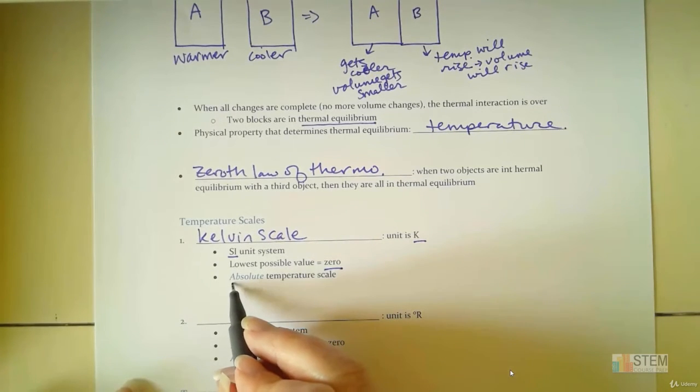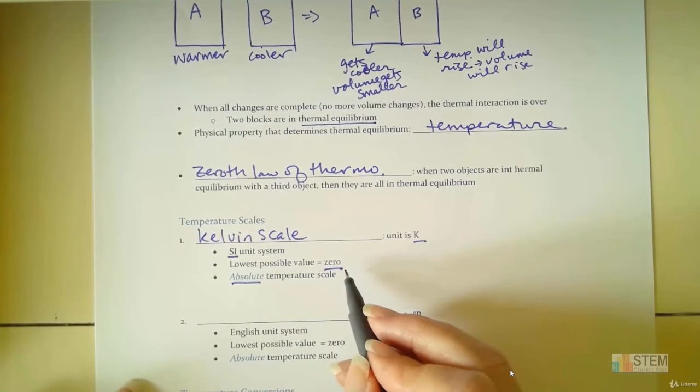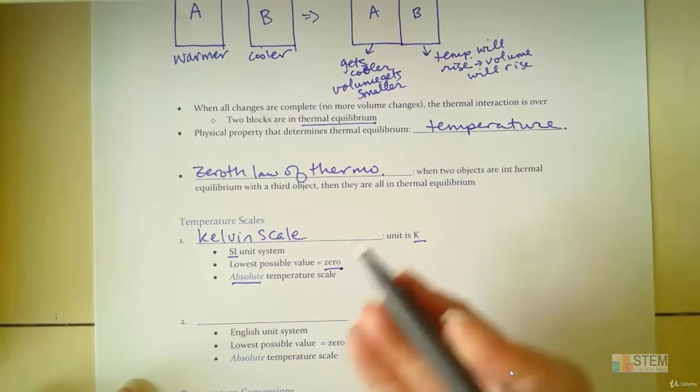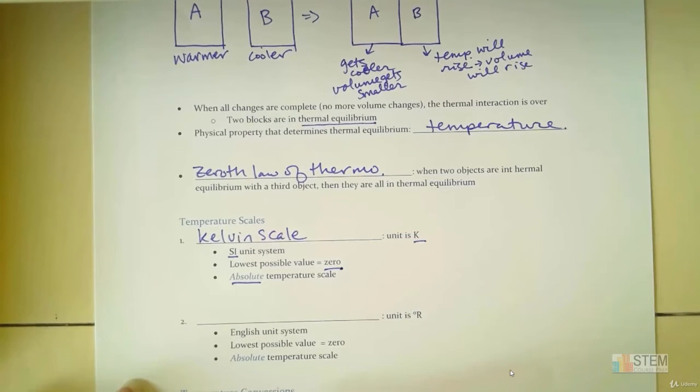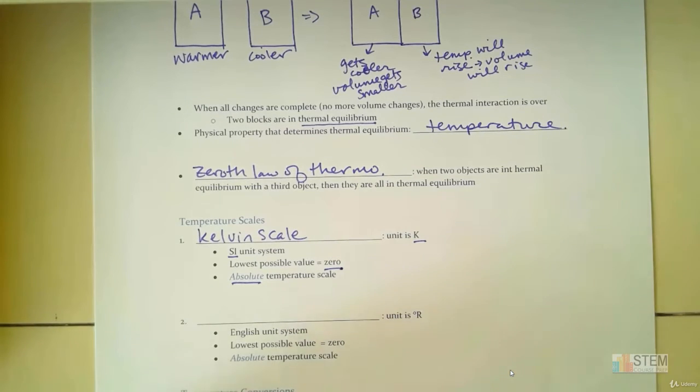This is known as an absolute temperature scale. So in absolute temperature scales, all motion stops at 0. So you can't ever have a negative temperature on the Kelvin scale. And absolute is going to be important because when we get to our equations later on, those equations require an absolute temperature scale. So the Kelvin scale is going to be important.